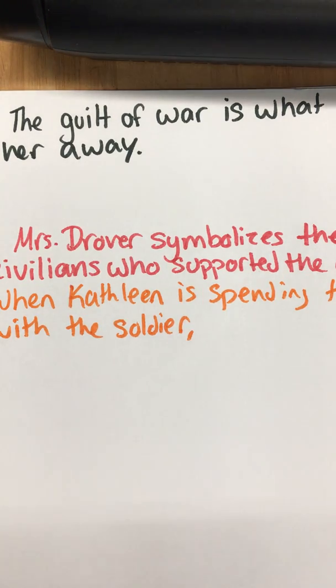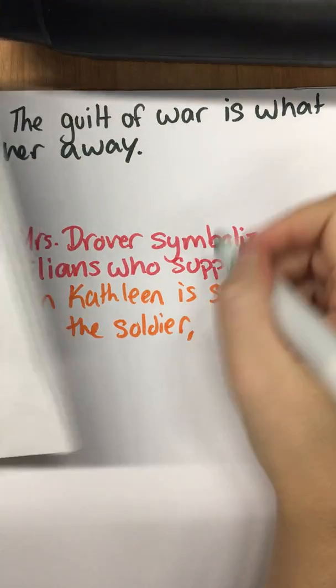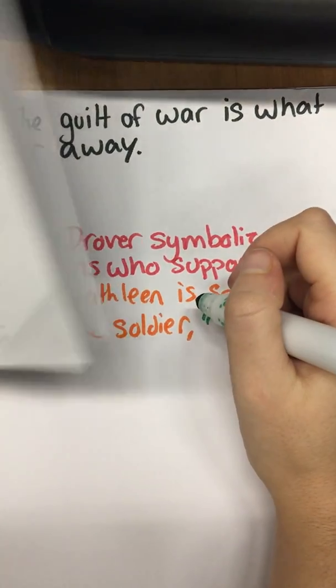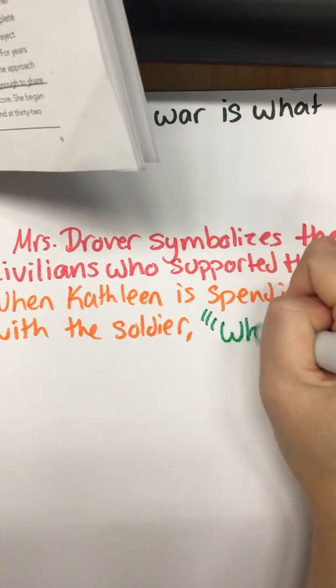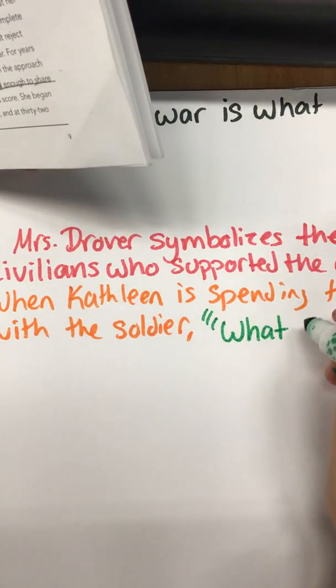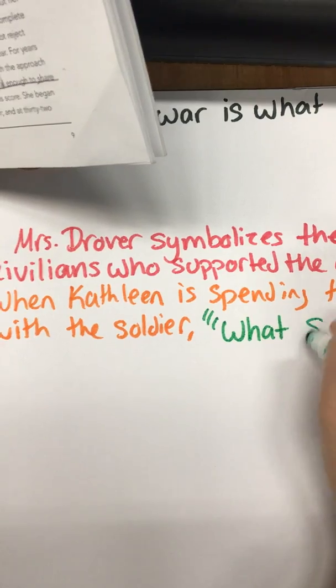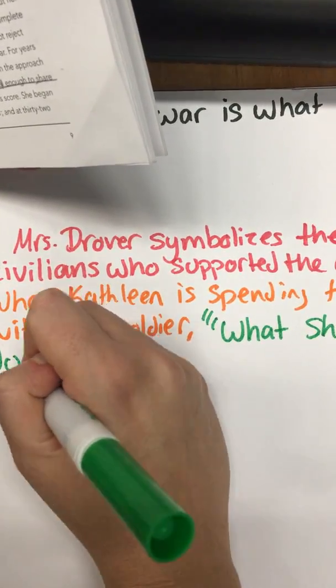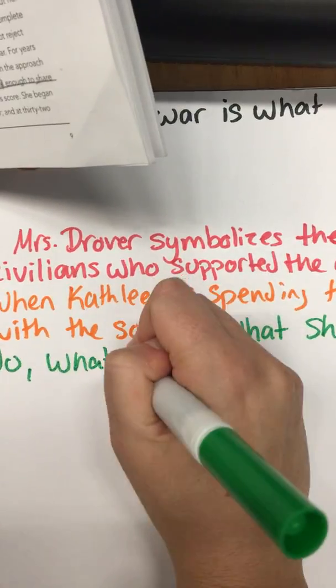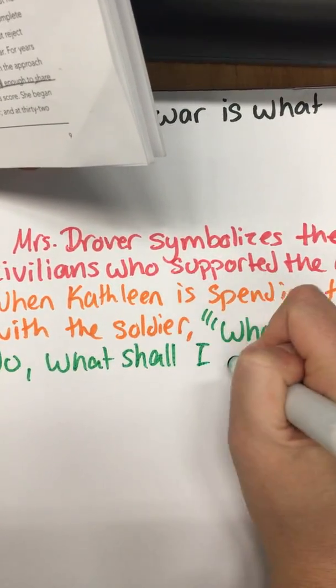evidence. So I'm actually going to use a quote of something that she thought. So to do that, I'm going to put my parentheses, and then because it is quoted in the text, I'm going to add one more of what shall I do? What shall I do?